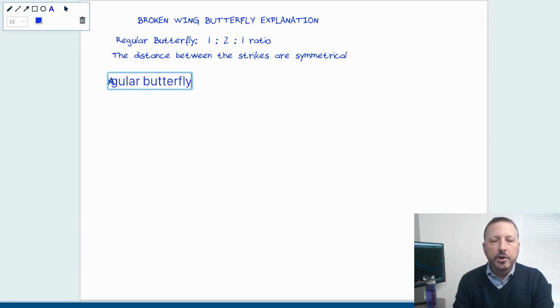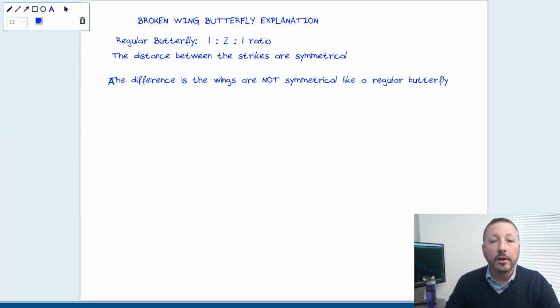Okay, so it's still a 1 to 2 to 1 ratio because we still always want to lock in and know that we have our maximum risk defined. So we still need to have an equal number of long options and short options. But in a broken wing, what we look to do is skew the position directionally a little bit more.